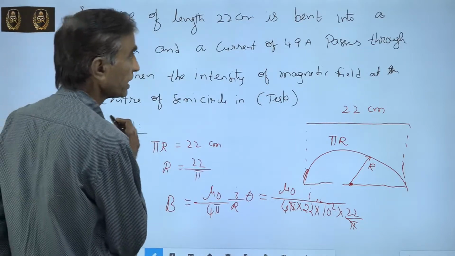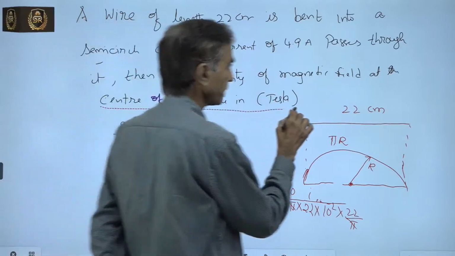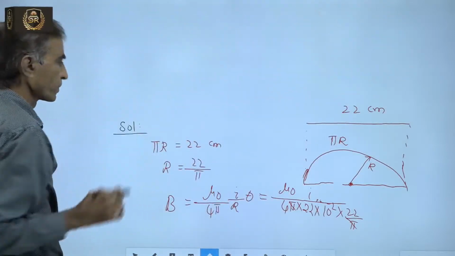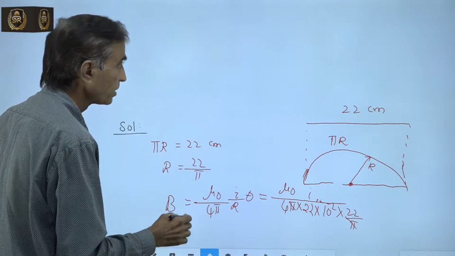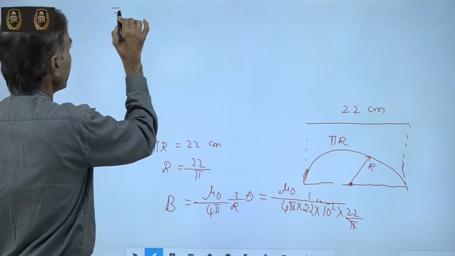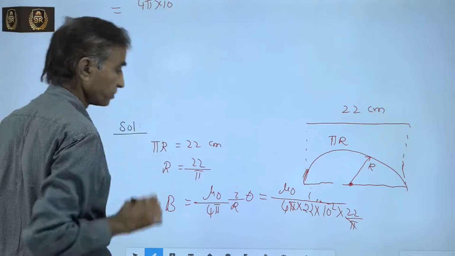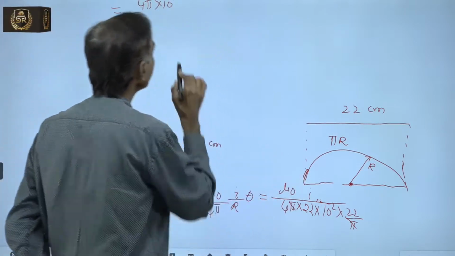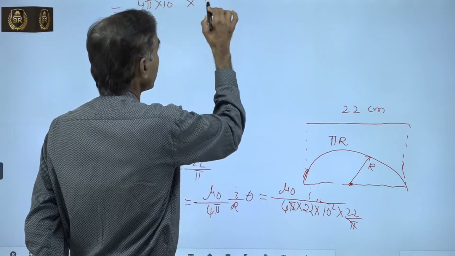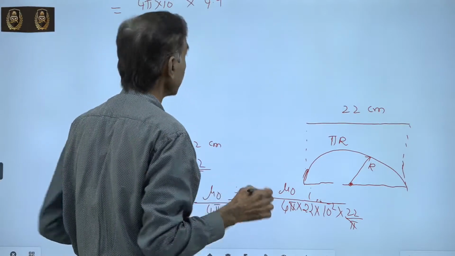Let us substitute. Mu naught is how much? Mu naught equal to 4 pi into 10 power minus 7, into I. I has been given as 4.9, right?